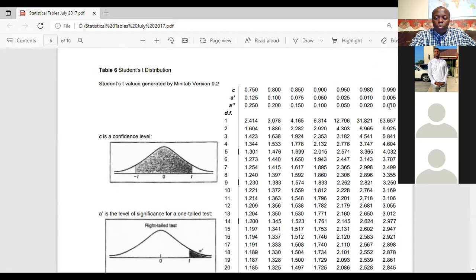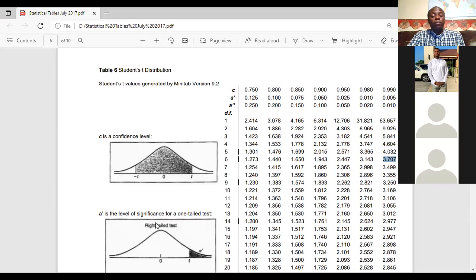So for the two sides, left and right, see the alpha prime here. Under 6, see the 6 right here. You follow it all the way down, and you can see right here 3.707. So t alpha over 2 is 3.707.